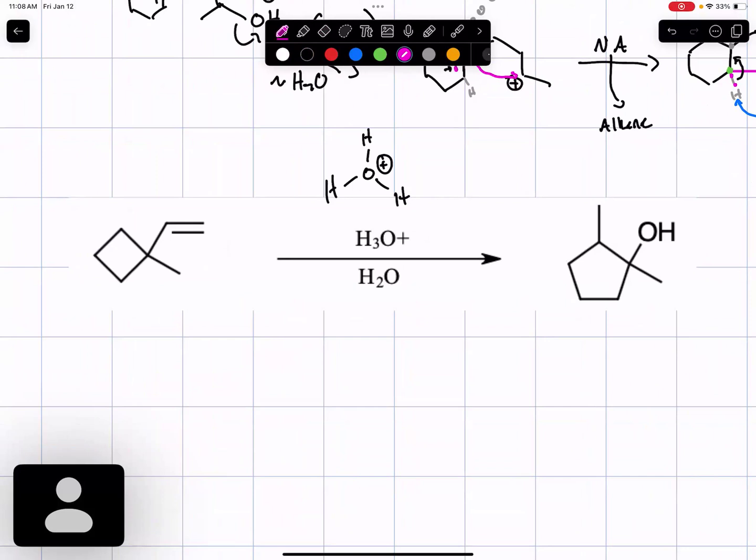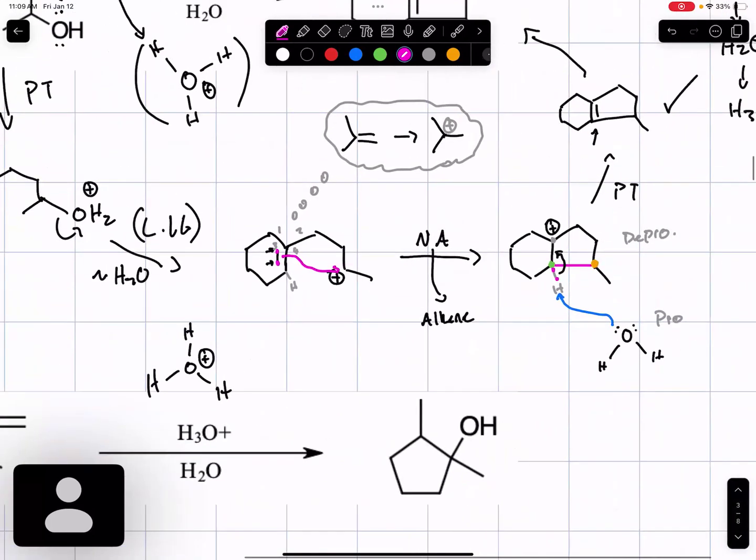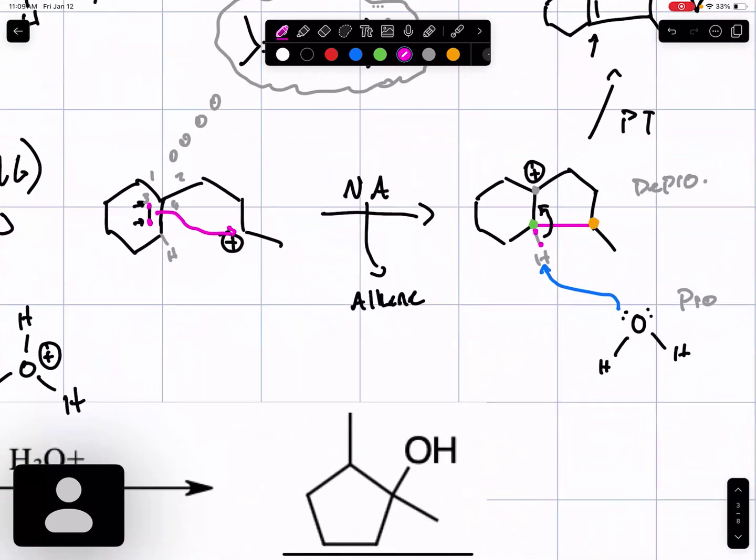This technically wouldn't be considered a nucleophilic attack, but it does seem like a nucleophilic attack. What's happening? Where is my source of electron density? We did it in this example. What was our source of electron density?